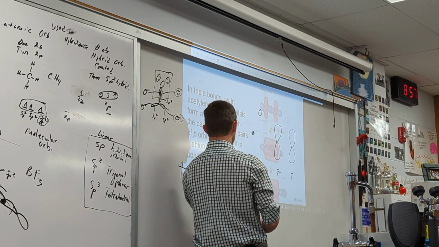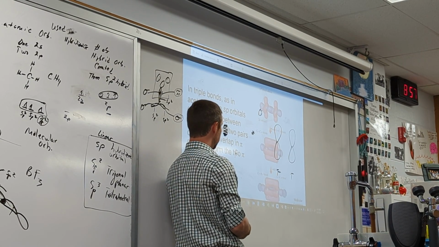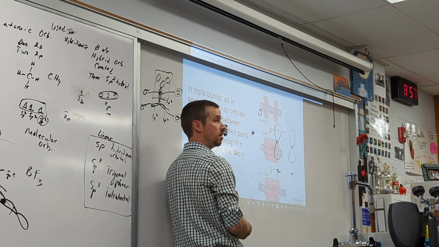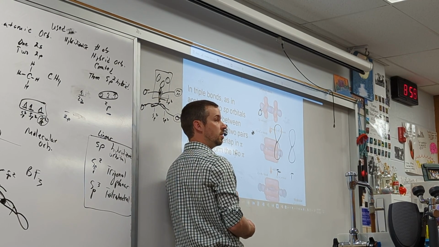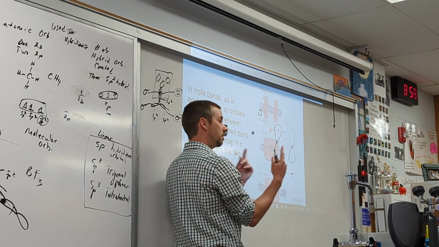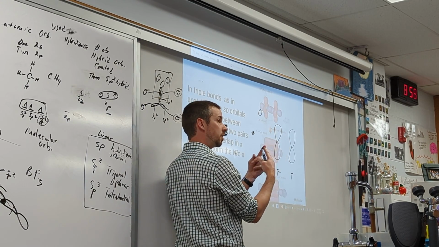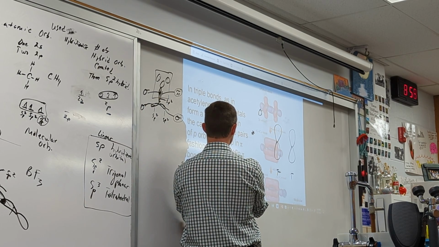Okay. What's the electron pair geometry here? Still linear. So what's the hybridization? SP. And how many hybridized SP orbitals did we create? S and P creates two atomic orbitals make two hybridized orbitals. So here's one of the SPs.